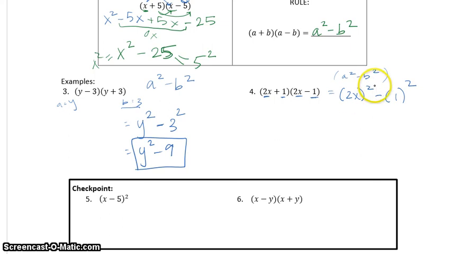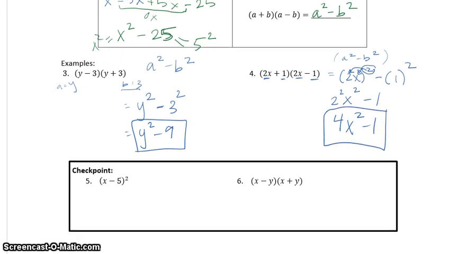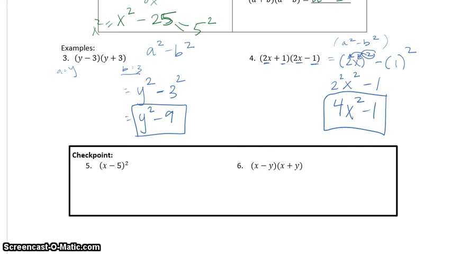Remember, we have 2x squared. This exponent distributes to the 2 and the x, so we get 2 squared times x squared, minus 1 squared is just equal to 1. We simplify this, we get 4x squared minus 1 as our final answer. So using these rules, go ahead and complete checkpoints number 5 and 6.